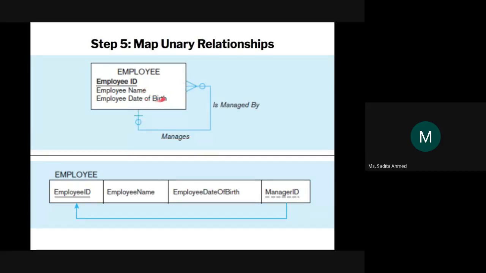What does that mean? একজন এমপ্লয়ি at max একটা ম্যানেজারই থাকতে পারে। যদি একজন এমপ্লয়ির একের অধিক ম্যানেজার না থাকে, if an employee cannot have more than one manager, we will simply place the manager ID as the reference within the same relation because it's a unary relationship. Unary যেহেতু আর কোনো এন্টিটি তো নেই, so একই রিলেশনের মধ্যেই রাখতে হবে। Within the employee relation, we'll have to place the manager ID foreign key reference.